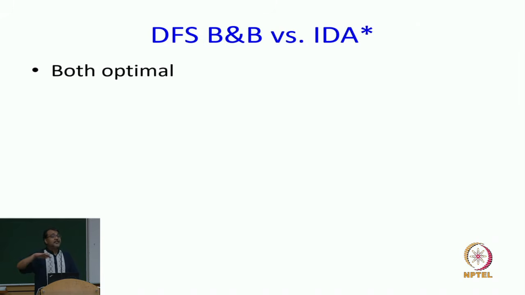I have a cost bound in IDA star, I run everything as depth first search, pruning nodes, and at some point I stop. My memory never becomes exponential because I am only maintaining the path so far. Similarly, in depth first search branch and bound, I am only doing depth first search. So, my memory is going to be no worse than the memory of depth first search. So, I am never in an exponential memory regime. So, this is good because I do not like exponential memory.